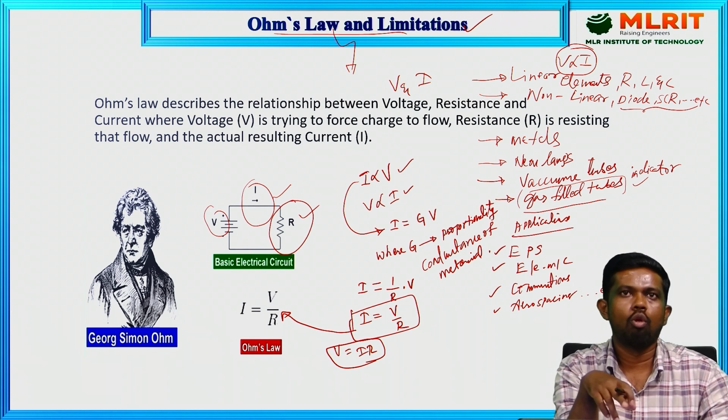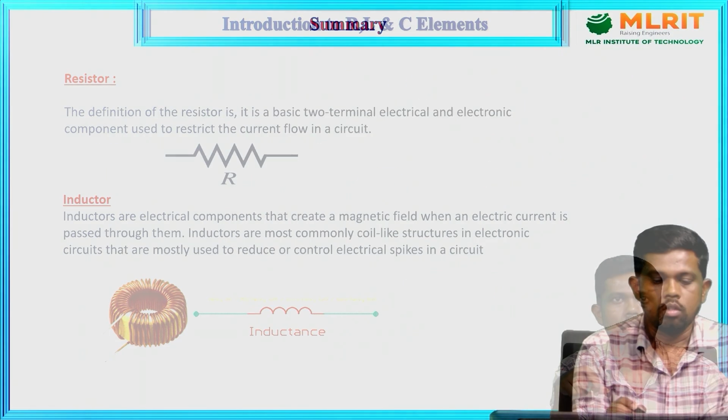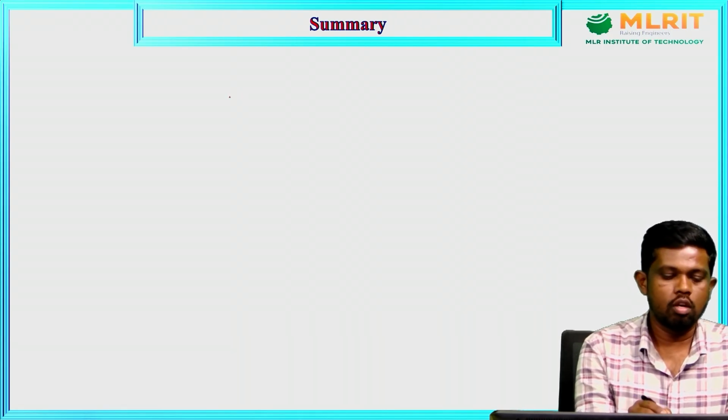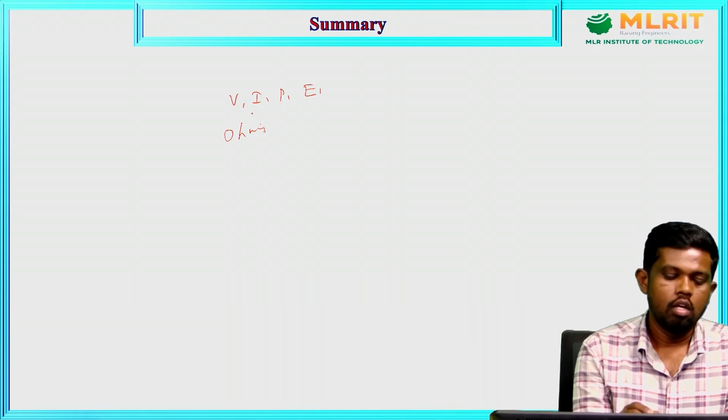So this is the foremost and fundamental concept of the first module, that is DC circuits. In this session, till now we have discussed the fundamentals of DC circuits: voltage, current, power, and energy. We also discussed Ohm's law, its limitations, and its applications.